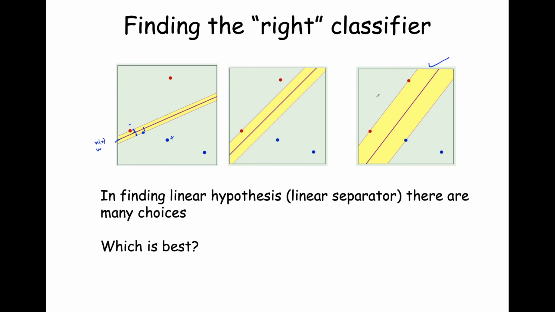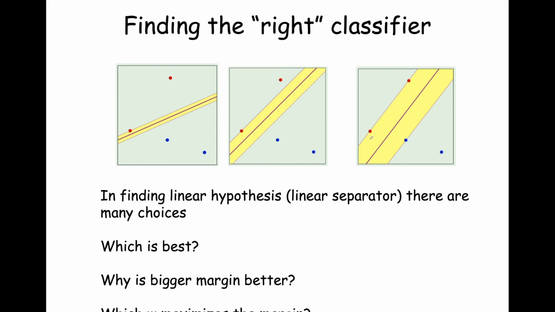And why is this? Well, because if you look at it, there's this larger gap, a larger margin between the data points on the positive side classified by this hypothesis and the negative side. So why is this idea of bigger margin better, right? Now, if you think about it intuitively, if you have some data points, let's take, for example, this red data point.